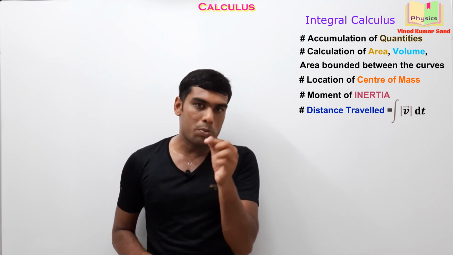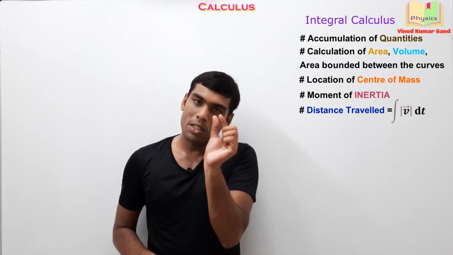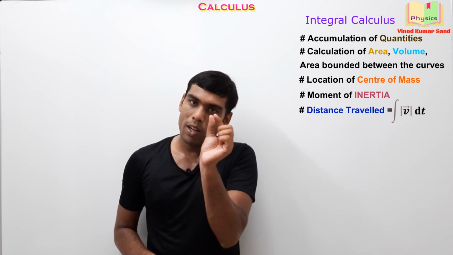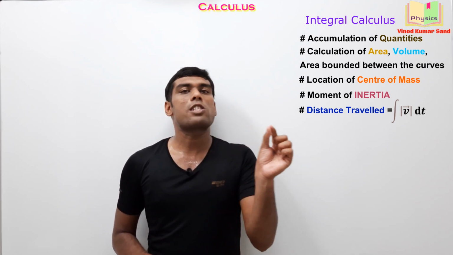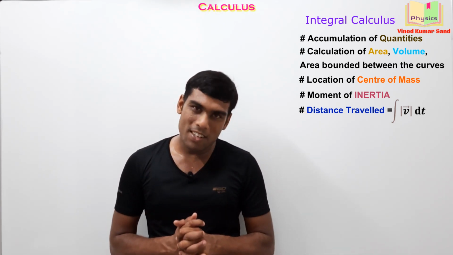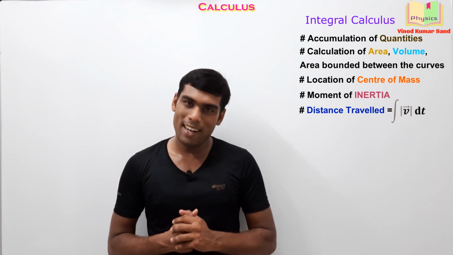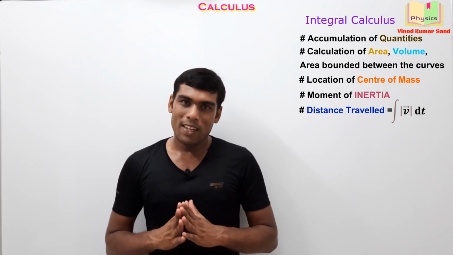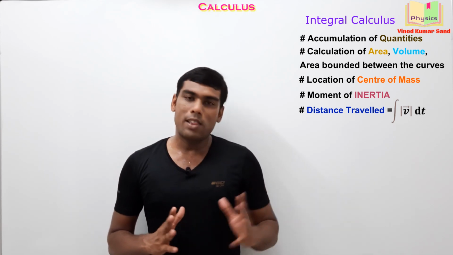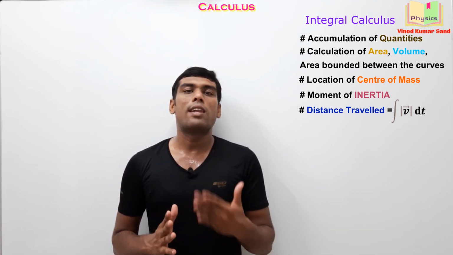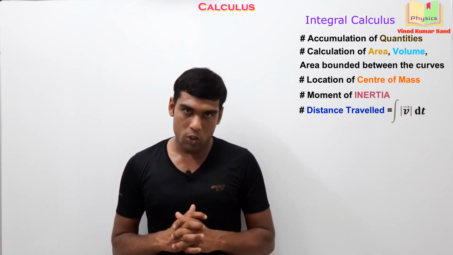Then that constant speed into that time will give the distance traveled in that small time interval. And can you do it for all such time intervals and then sum it up? You will get the distance traveled. So this application we will see in later lectures. Okay. You can note down all these applications and then we'll initiate the differentiation.